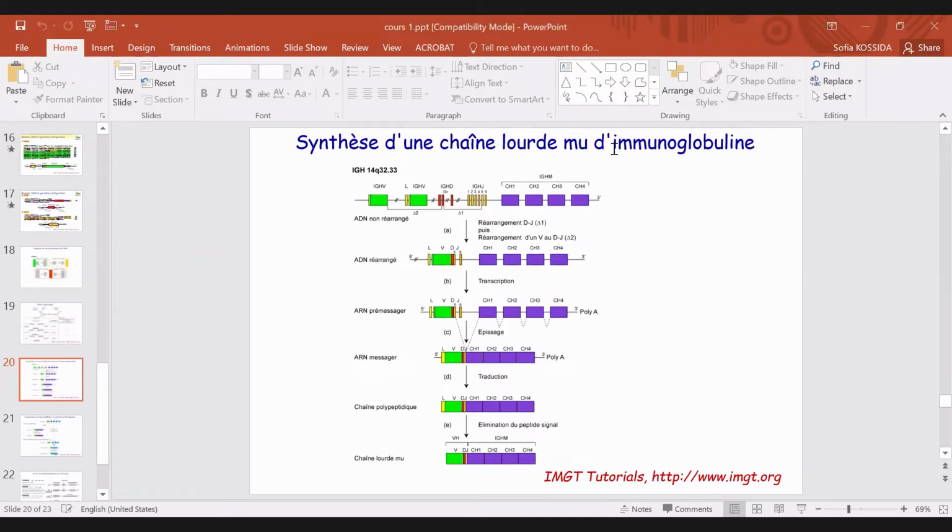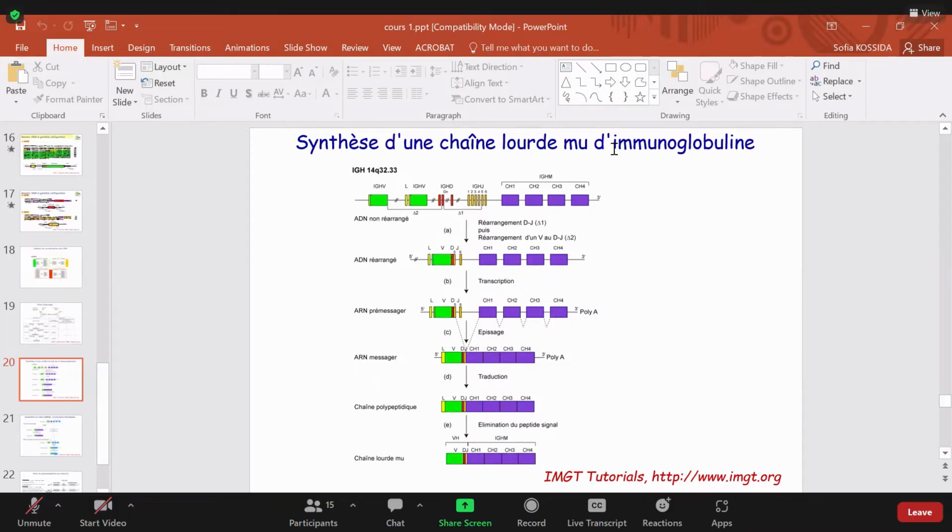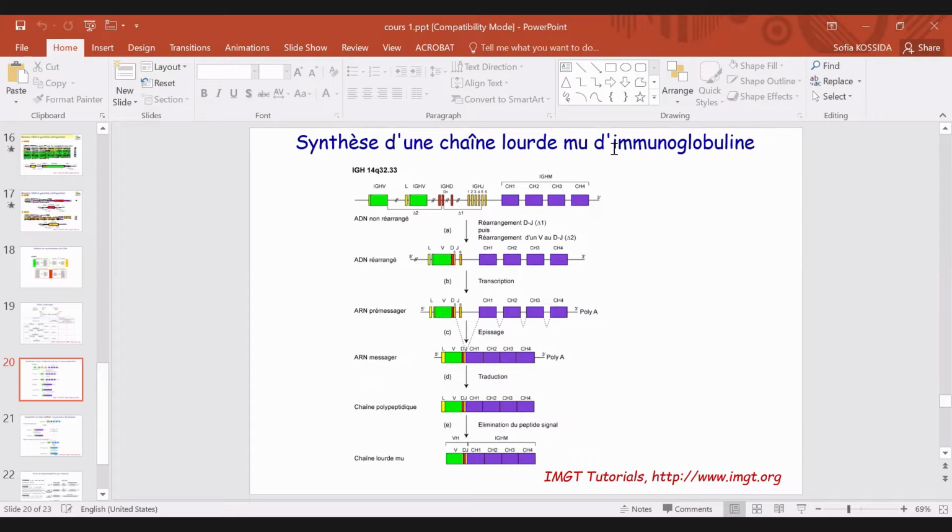So, today we have to start with some theory. Is this okay that we start? Yes, you can start. Remember at the very first class that we had together, we talked about the different isotypes.